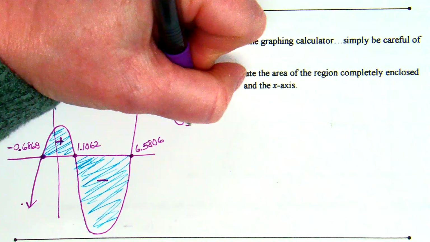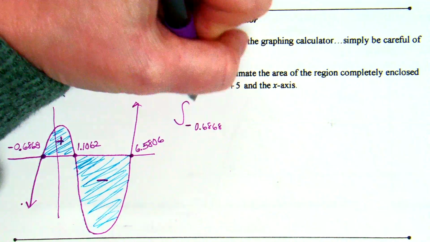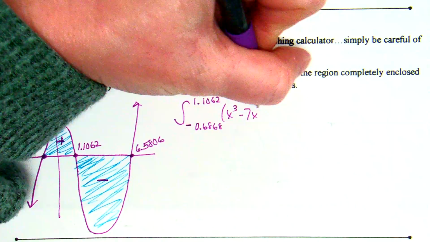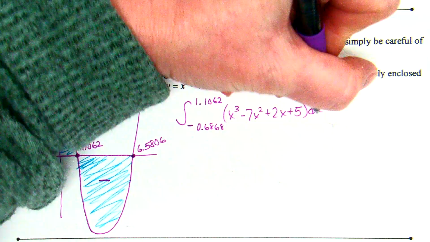If we're doing the positive section, it's a boundary of negative 0.6868 to 1.1062, of the integral x to the third minus 7x squared plus 2x plus 5 dx.